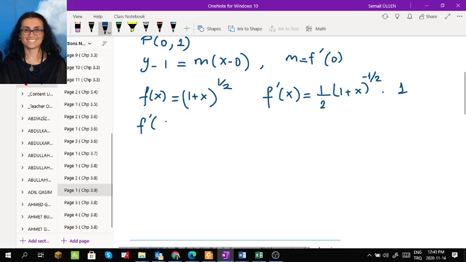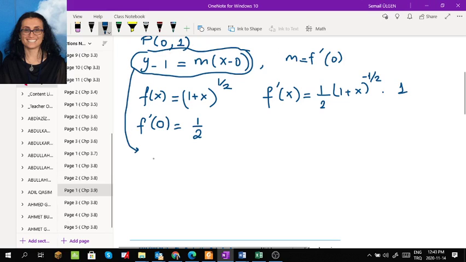Okay, this is going to give us 1 over 2. So here is the tangent line equation. y is equal to 1 over 2 x plus 1.